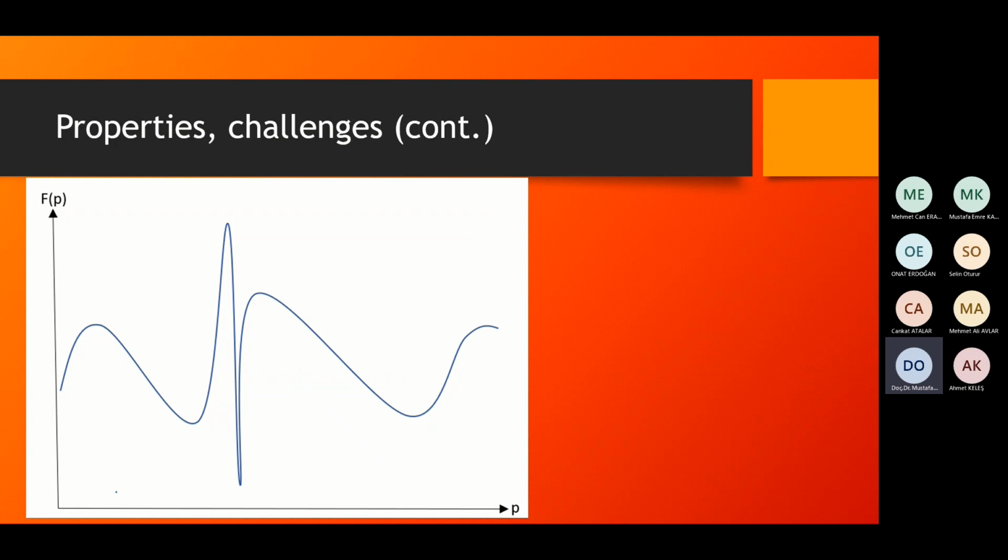Imagine that this problem is a two-dimensional problem, even though F(P) is shown as single dimensional, let's say F, P and R. Imagine that this dimension is R, and the other dimension is P. The fitness value is valid for only one R value.